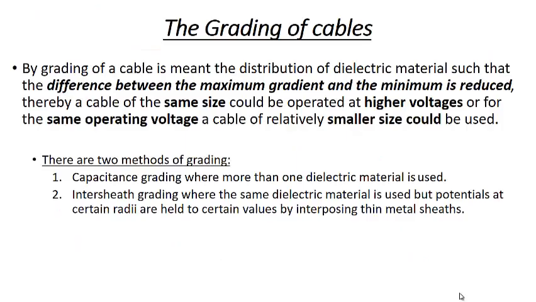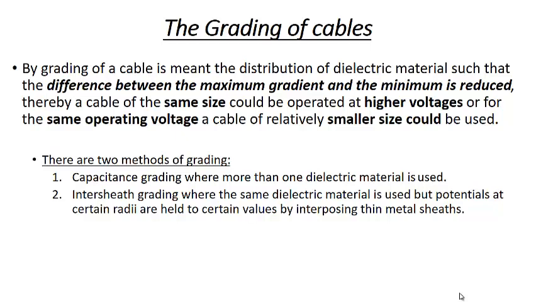Now the grading of cables. It is actually a similar topic to what we have studied regarding the insulators. There also we use grading of insulators, and the purpose is the same, just to make a uniform voltage distribution across the dielectric of the cable.